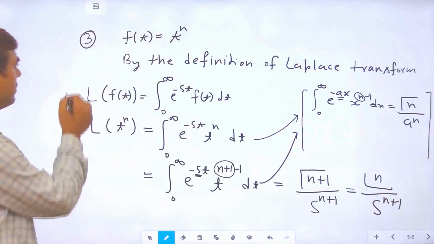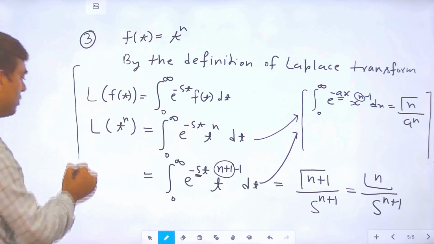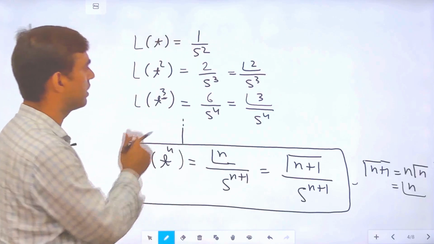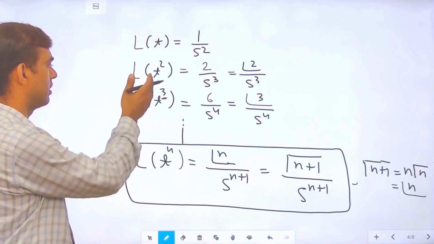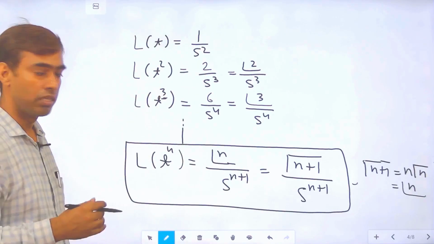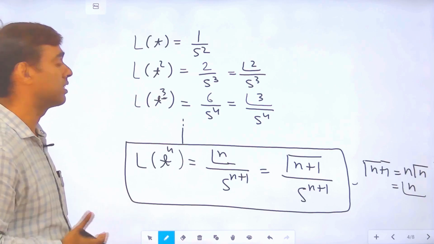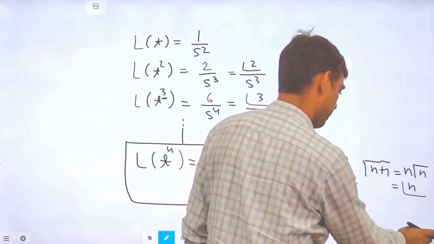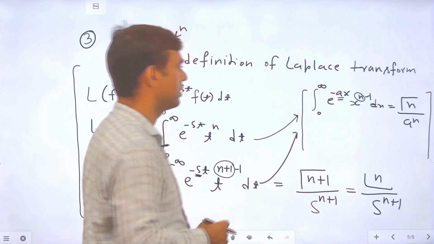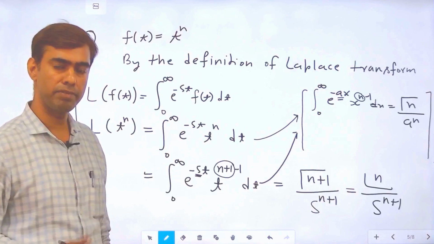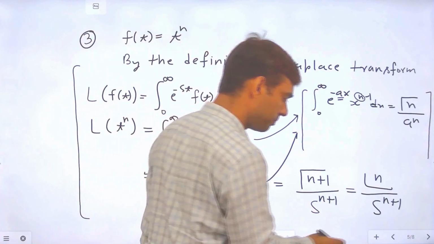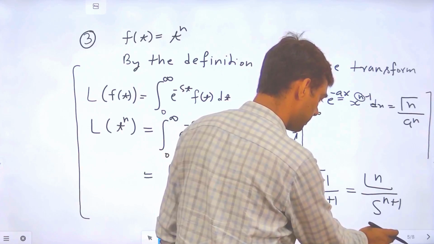So either we derive it using the gamma function, or we may also derive it by the successive derivation approach, that is, derivative by induction. You may derive it using either the property of the gamma function or successive derivation.